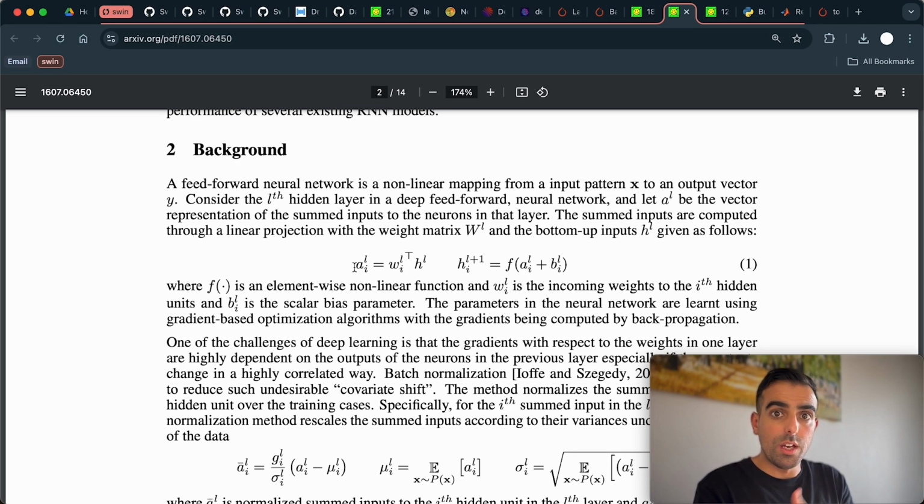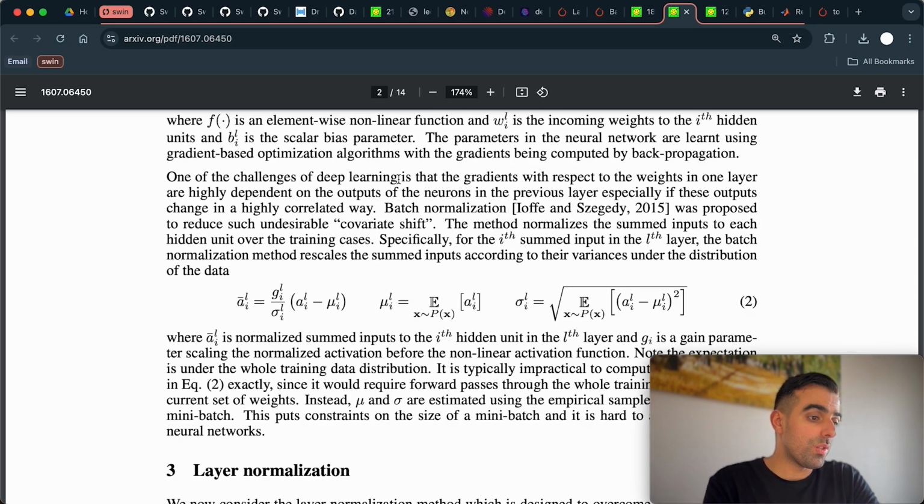So the neural representation a^l at the layer l is the result of multiplying the weight matrix with h, and the input to the next layer will be the vector a added to the bias, run through a function. This function could be the nonlinearity, where f is an element-wise nonlinear function, and w_i is the incoming weight to the ith hidden unit. b_i is the scalar bias parameter.